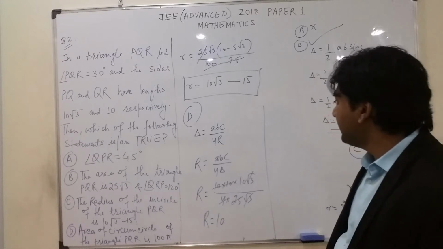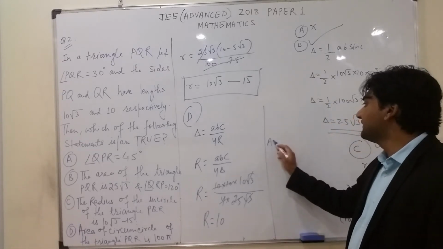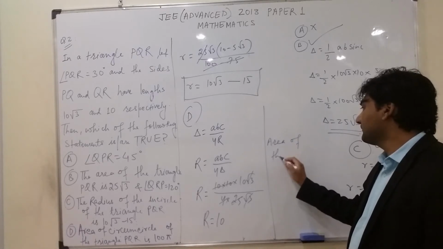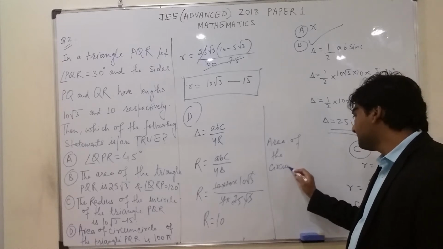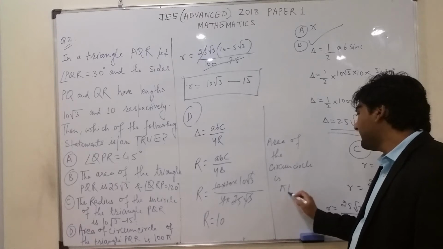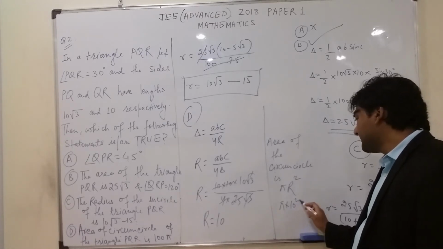Once we got the circumradius, then the area of the circumcircle also we can find, and that is pi capital R square, which is pi times 10 square, which is 100 pi.